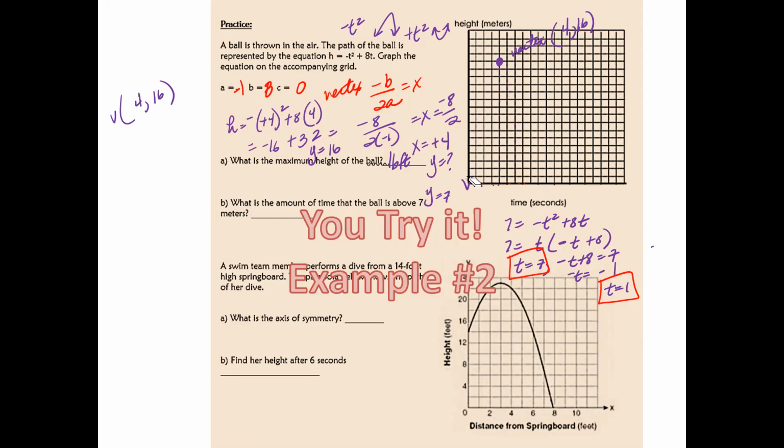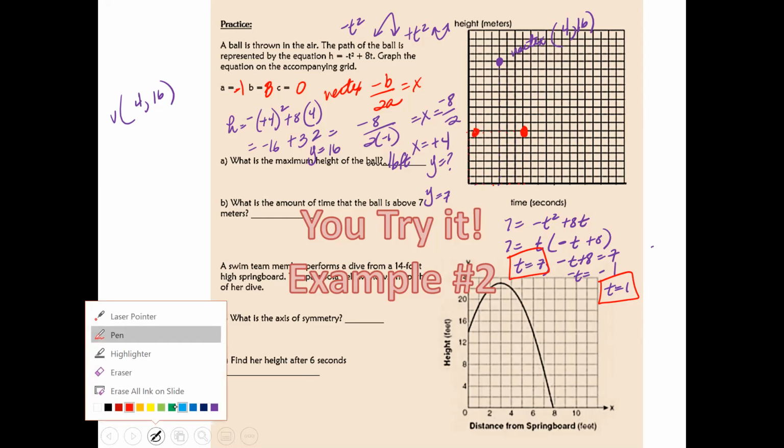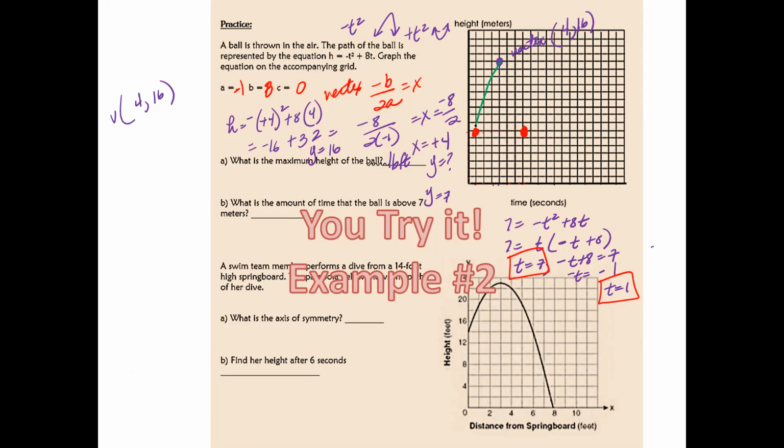So I should really redraw this a little bit. 1, 2, 3, 4, 5, 6, 7, right there. And now 1 is also going to be at 7. So redrawing this, I should have this piece that looks like this. There we go. So I will say t equals 7 and 1 seconds.